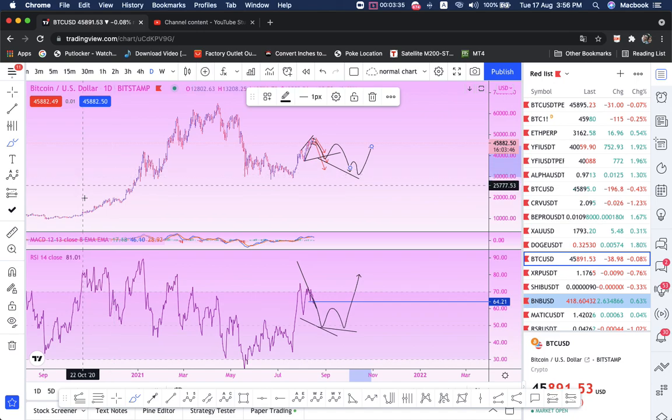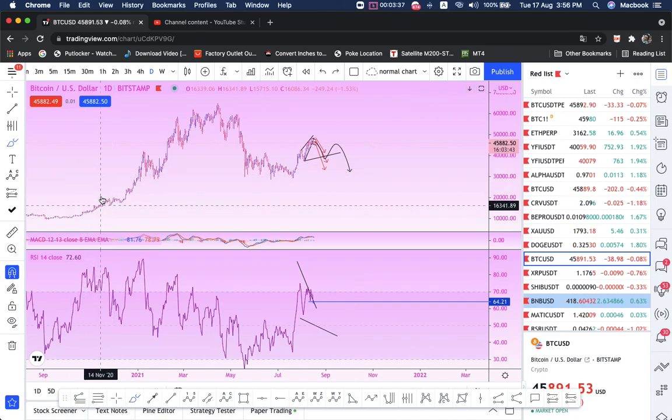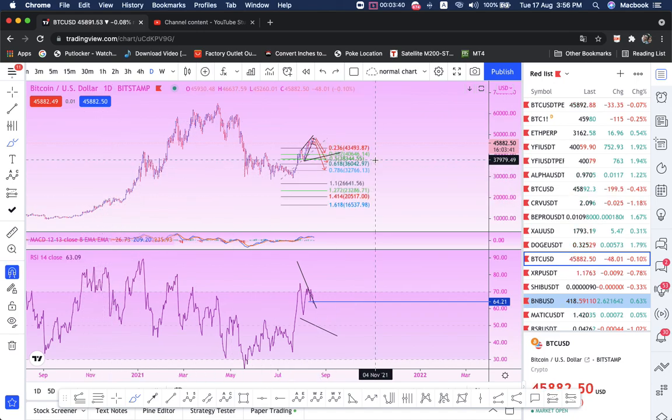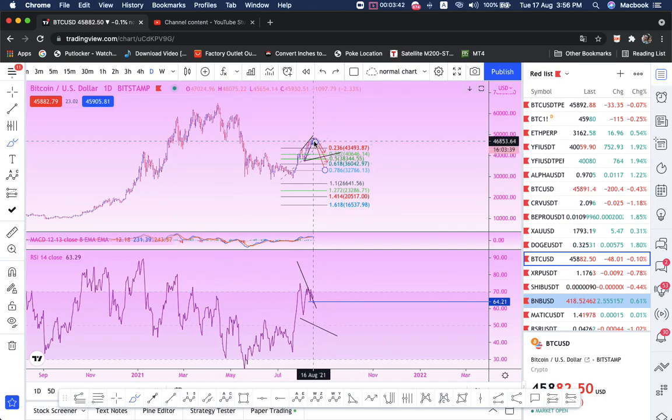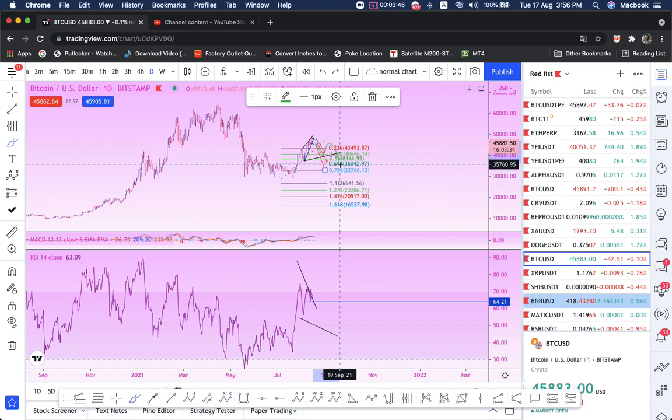okay, and probably something like this. Probably not that low, guys, sorry. Let me try and draw it again. Okay, let me draw it again. So something like this to the 618, and then this to the 618.